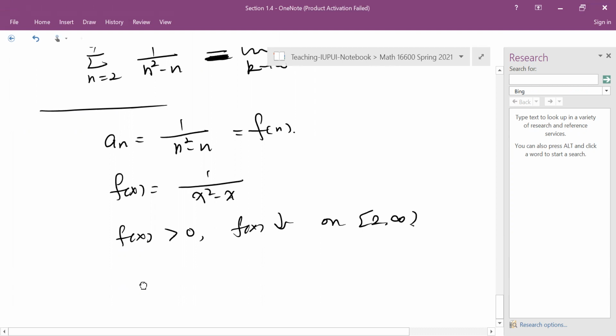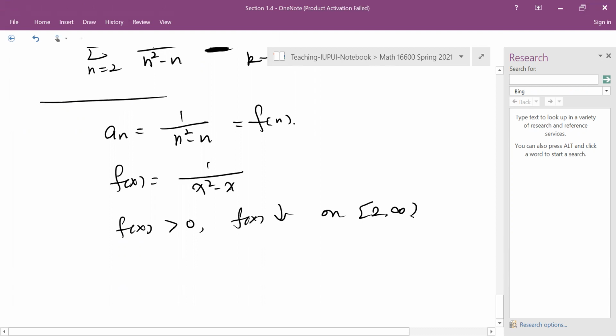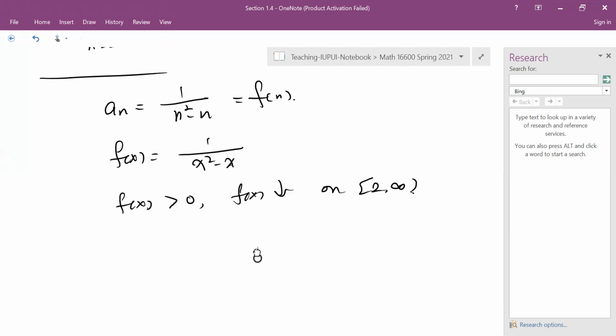Right? So whether this series is convergent depends on this integral from 2 to b of f of x dx. I want to see what the limit is.